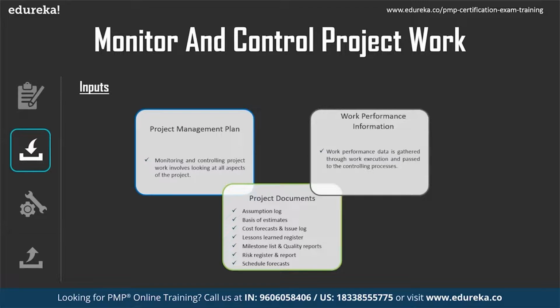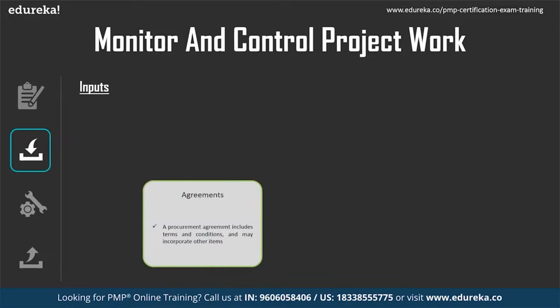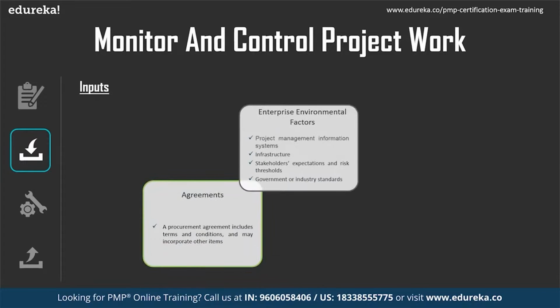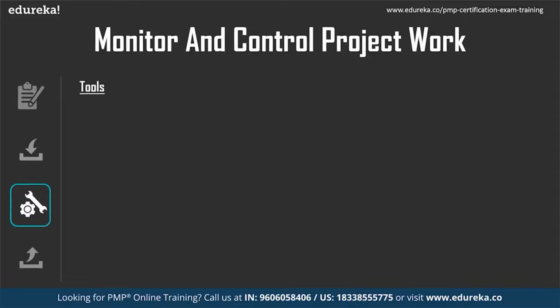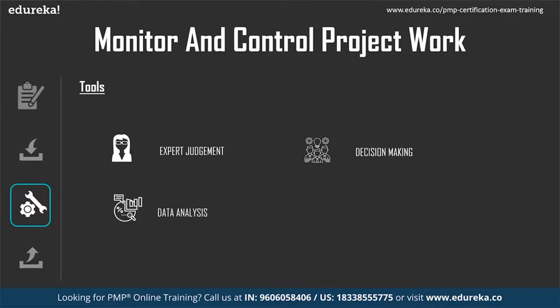Work performance data was an input earlier, whereas here we are seeing work performance information, which is basically processed data in the specific context of the monitoring and controlling project work activity. Other inputs may be agreements, enterprise environmental factors, and organizational process assets. Tools used in monitoring and control project work are expert judgment, decision making, data analysis, and meetings.